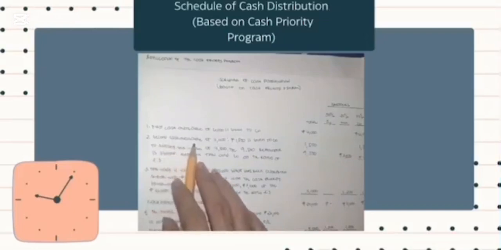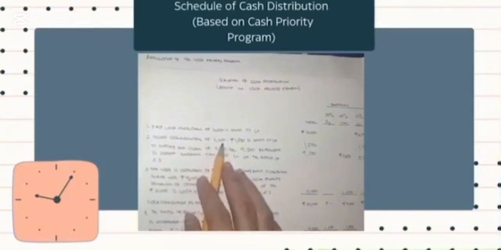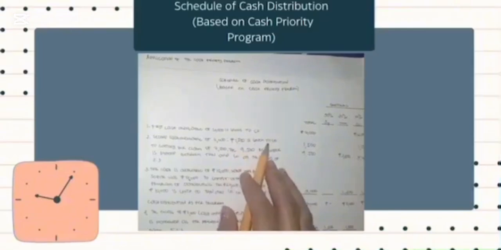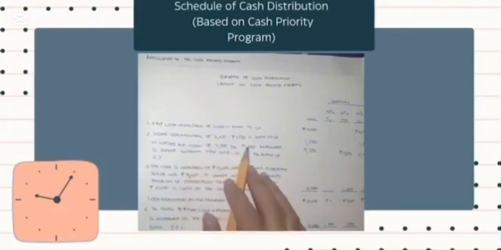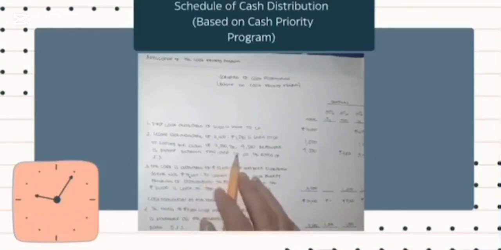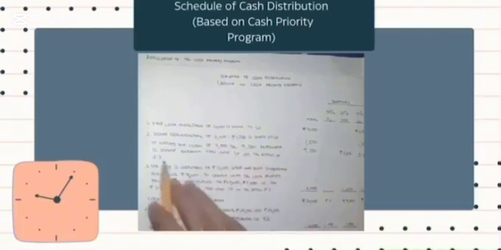Second, of the cash available of 11,000, 1,500 goes to Co to satisfy her claim, and the remaining 9,500 is divided between Tan and Co at the ratio of 2:3.